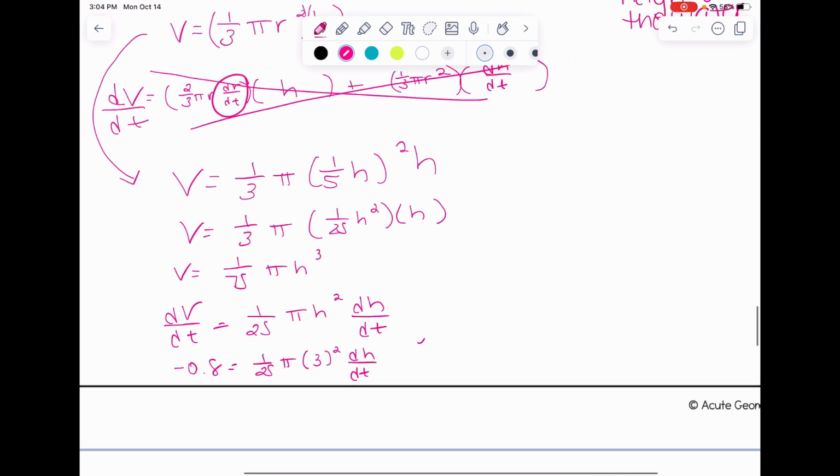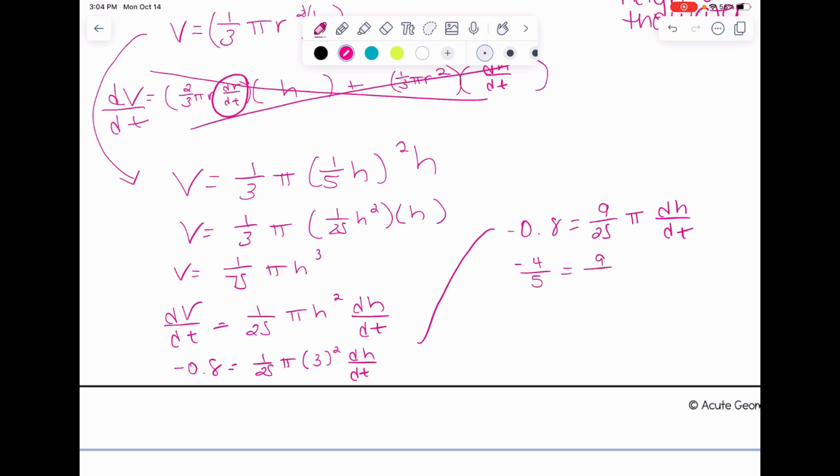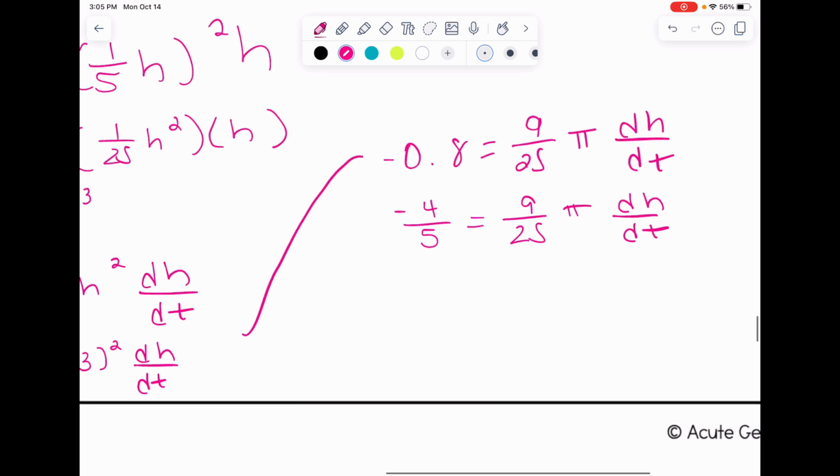All right, I'm just going to slightly clean this up. So I have negative 0.8 equals 9/25 pi dh/dt. I don't personally love how this is a decimal and a fraction in the same problem, so I'm going to rewrite that, and I'm going to solve for dh/dt.